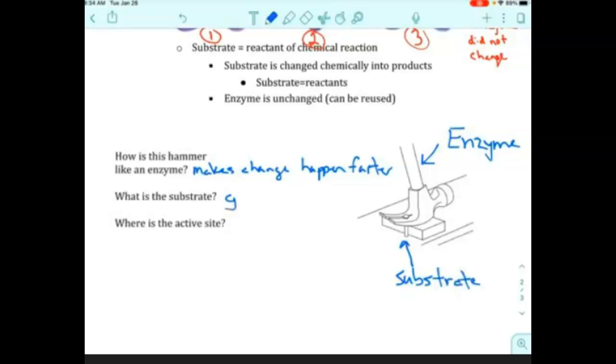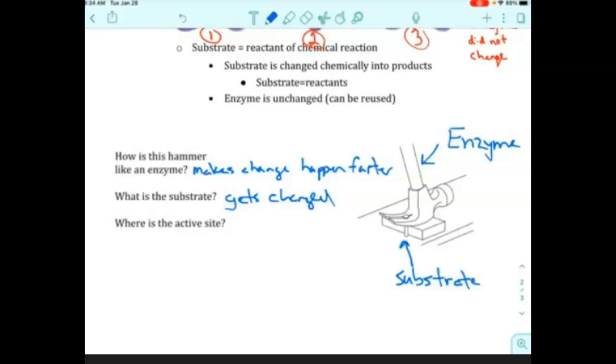The substrate gets changed. It's still a nail afterwards, but it was stuck in the wood, right? So that's kind of like our substrate. The substrate gets changed. The hammer stays the same shape before and after the change happens.